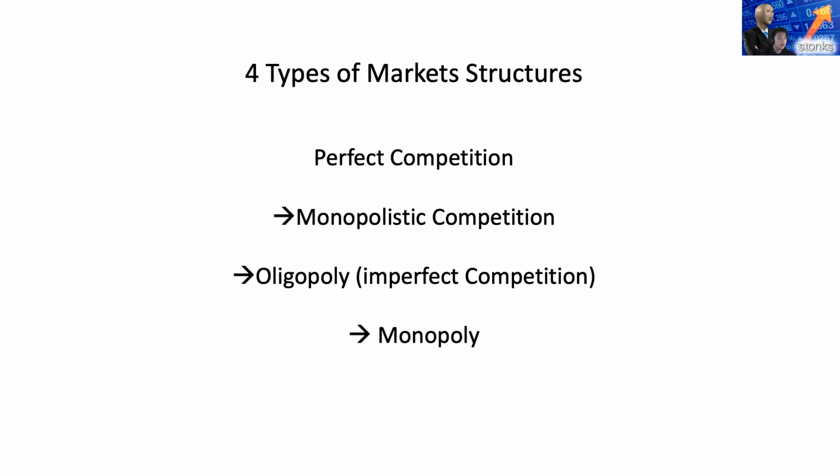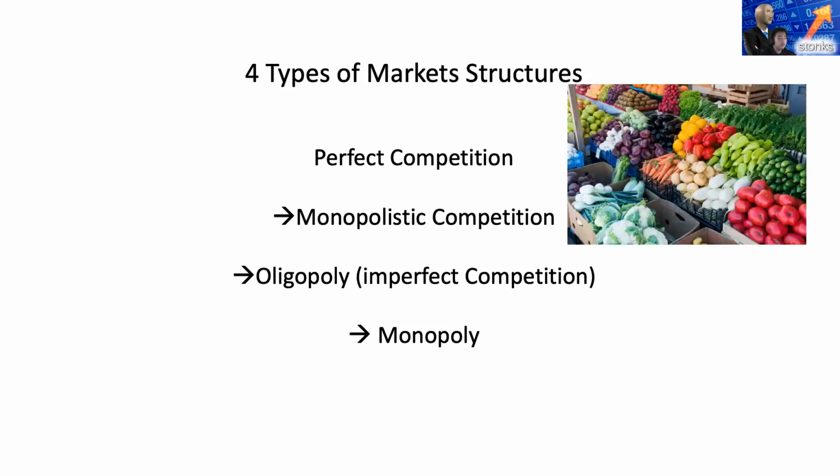There's no ads, and they produce at the same price. An example in the real world is the agricultural market, since if you're growing tomatoes, you're not going to price higher than another person doing the exact same thing as you. There's nothing different.